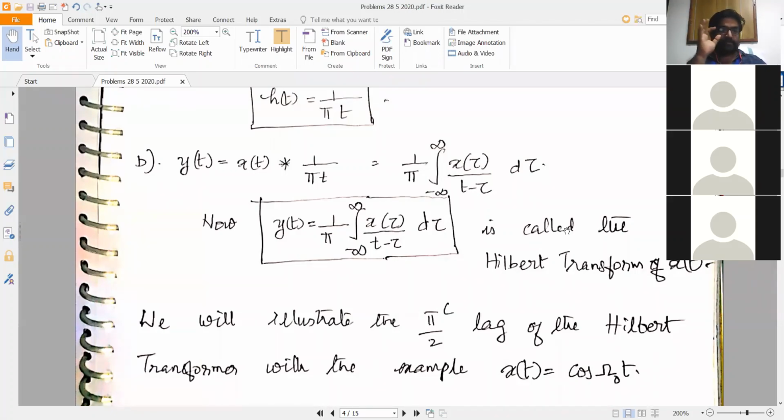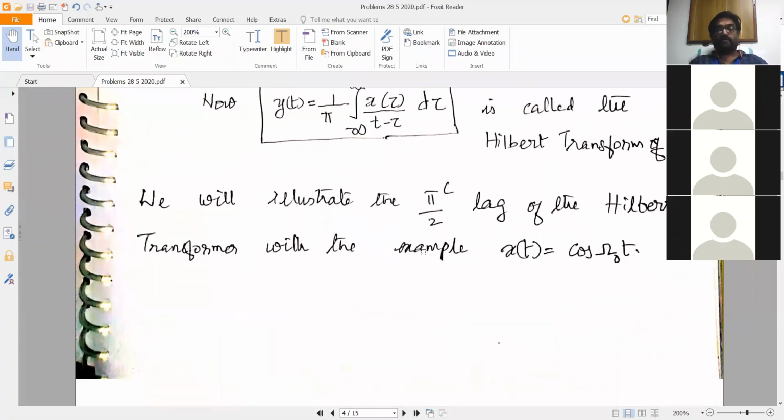The Hilbert transform stays in the time domain. The input signal x of t has a Hilbert transform represented as y of t. So there is no change of domain. The Hilbert transformer is a system which has an impulse response given by 1 by pi t and a frequency response given by minus j signum of omega.